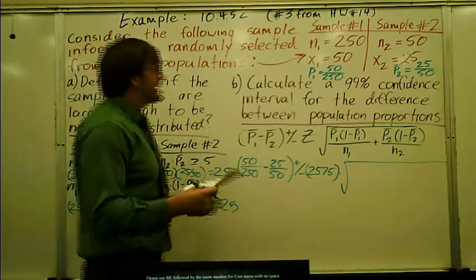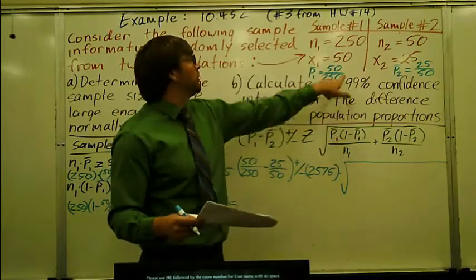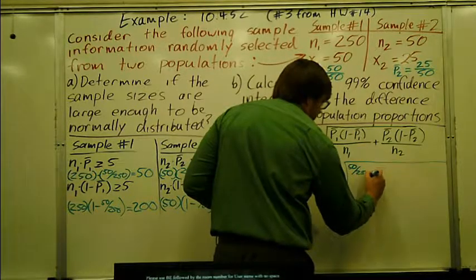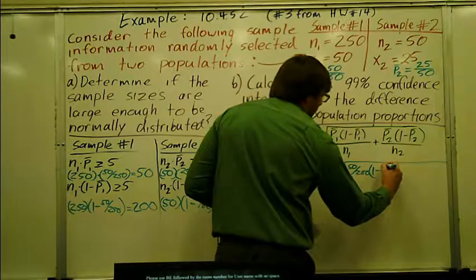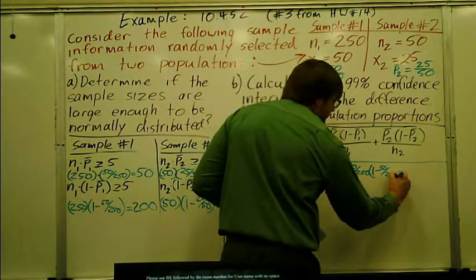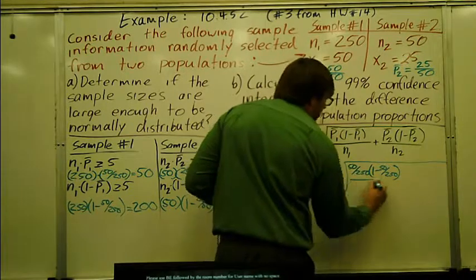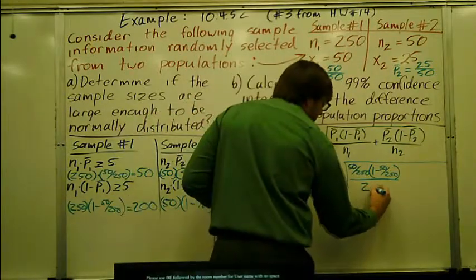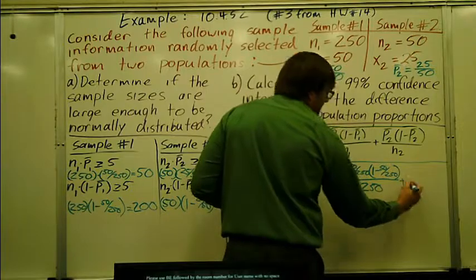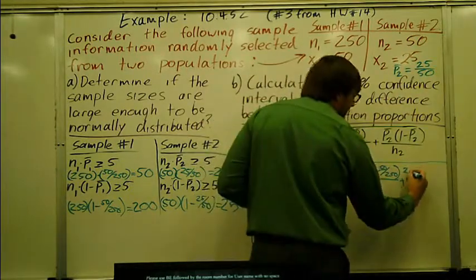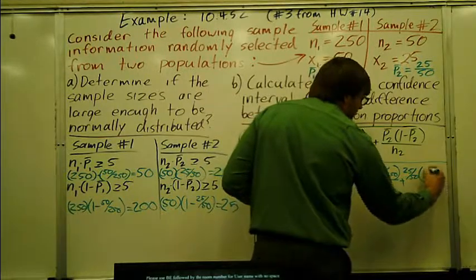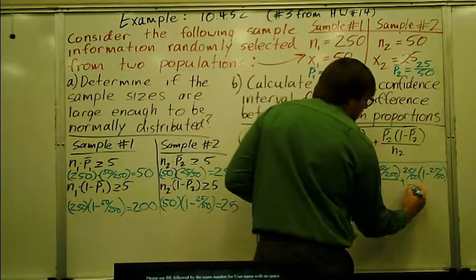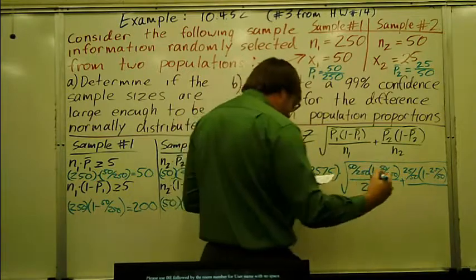So that standard deviation is the square root of sample proportion number 1, 50 over 250, multiplied by 1 minus 50 over 250, all divided by sample size number 1, which is 250, plus sample proportion 2, 25 over 50, multiplied by 1 minus that proportion, again 25 over 50, all divided by sample size number 2, which was 50.